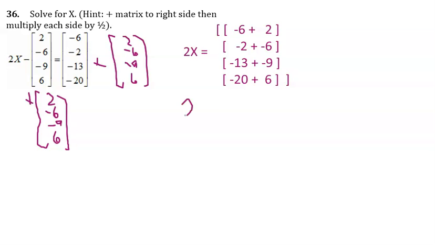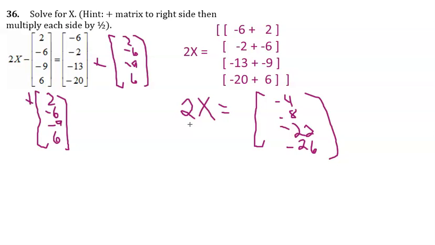So we'll combine these together to get the matrix negative 4, negative 8, negative 22, and negative 26.